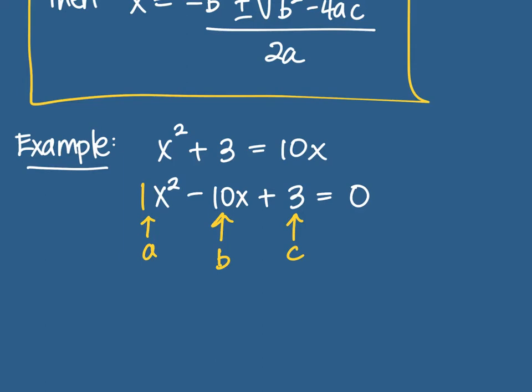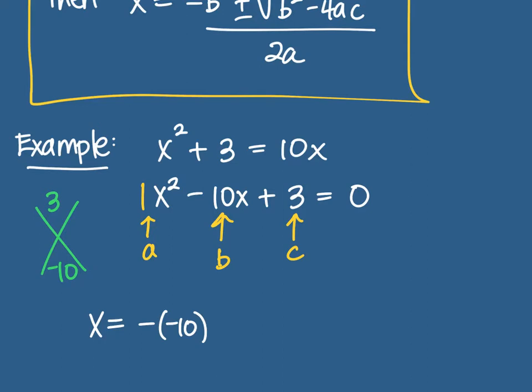Now, you should probably have at least thought about whether or not the quadratic form or the star would have worked on this one. So you've got a 3 and a negative 10, and there's nothing that works for 3 and negative 10, which is why we need the quadratic formula. So x equals negative b, in this case negative parentheses negative 10.